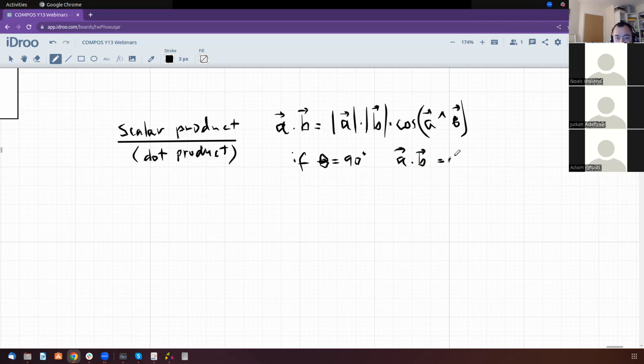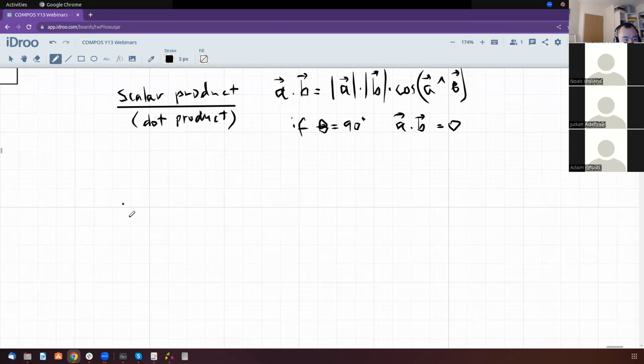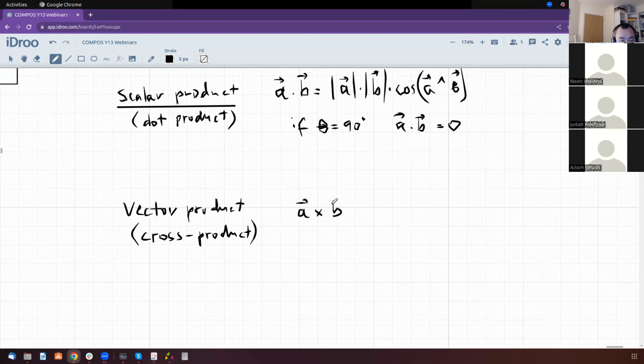This does not happen to the cross product. So the vector product, or the cross product, is written like this: A cross B. Now the formula is very similar.